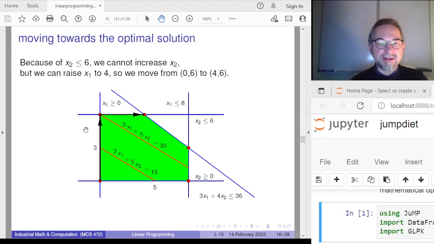So following the black arrow, we go to 4, 6. Why stop at 4? Well, observe that there you hit another vertex, and that's the vertex defined by the constraint 3 times x1, so 3 times 4 is 12, plus 4 times x2, 4 times 6 is 24, 12 plus 24 is 36. So at each vertex we do have an equality.